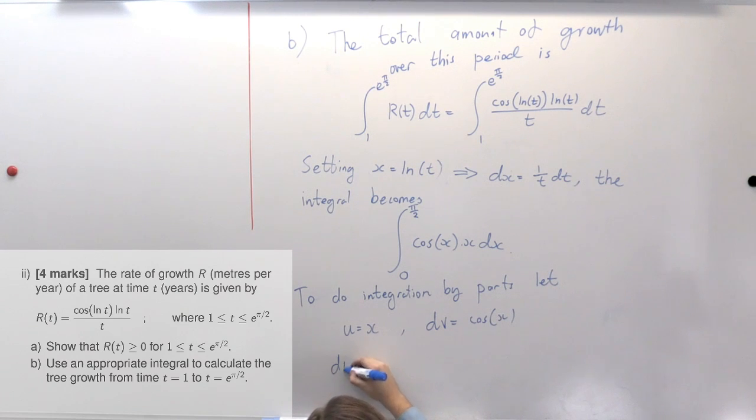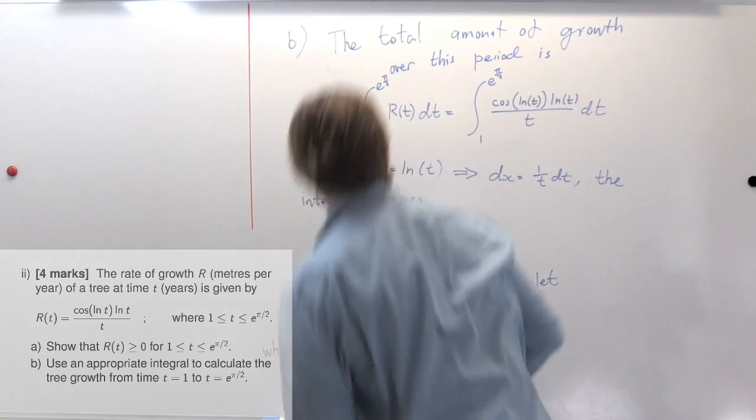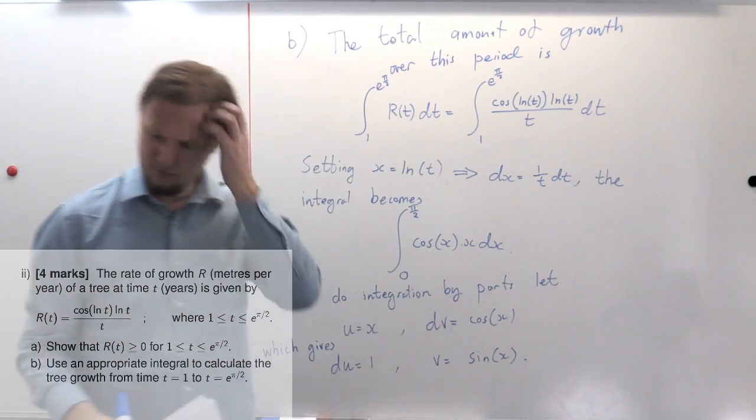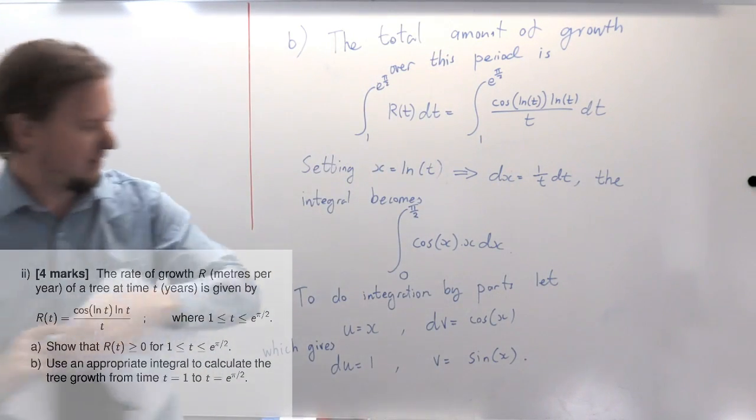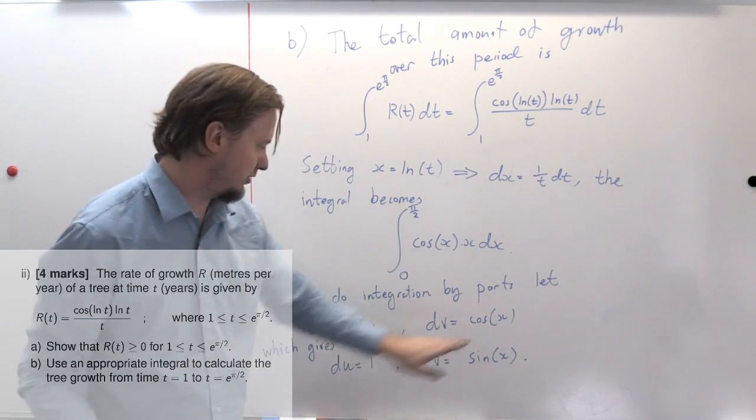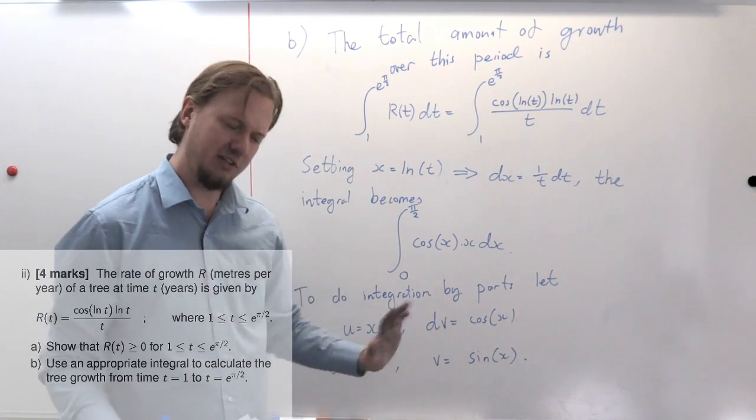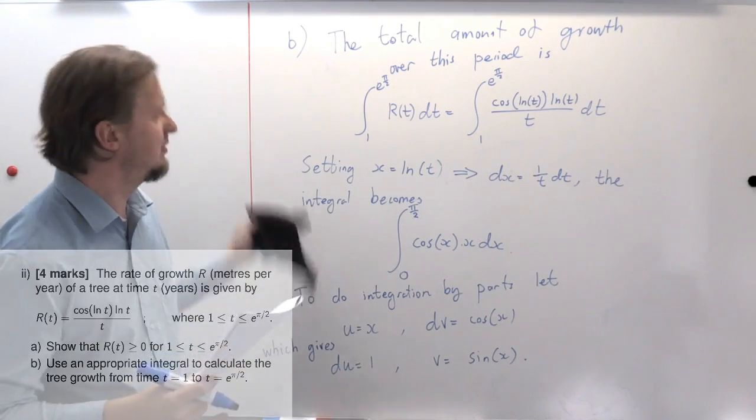That gives me that du is equal to 1, and v, well, if I integrate cos, I get just sine, which is fairly nice. I'm going to transfer from x times cos to 1 times sine, and 1 times sine I'm very, very happy with.